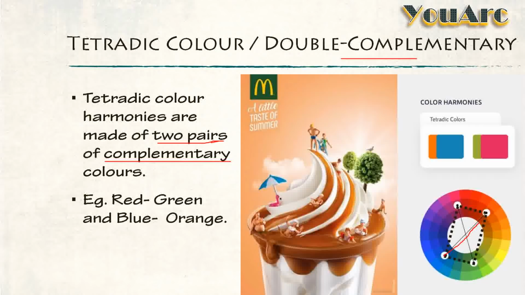This is one pair of complementary colors which are directly opposite, and this is another pair of complementary colors which are directly opposite. So red and green are direct complementary. Blue and orange are direct complementary. When these two complementary pairs come together, then it is called tetradic or double complementary colors. Understood?